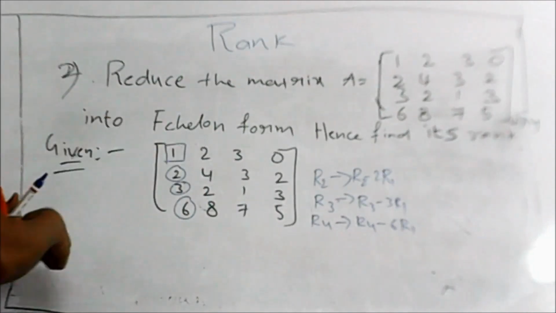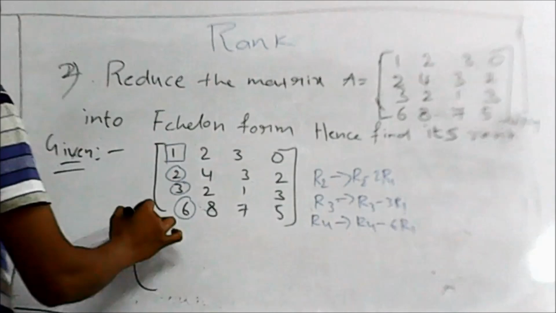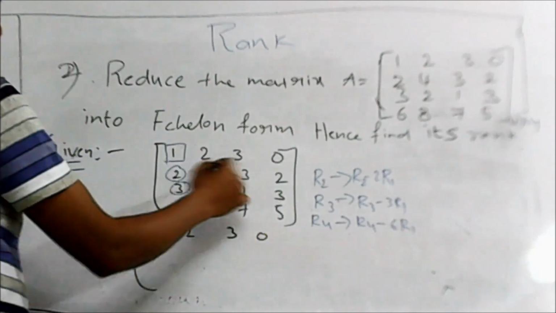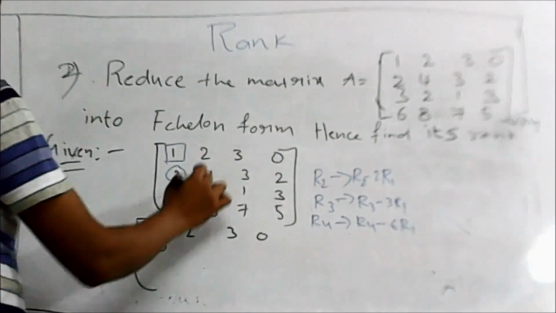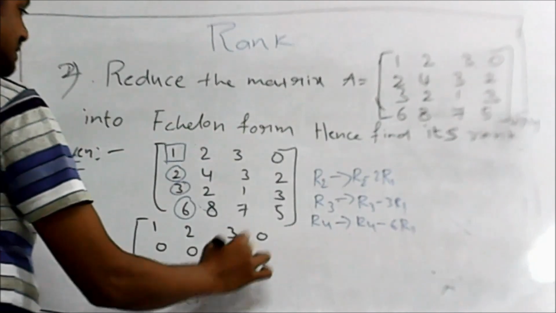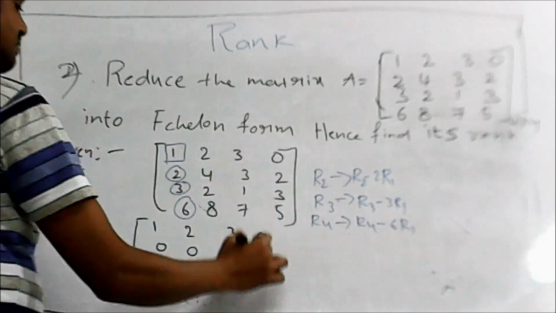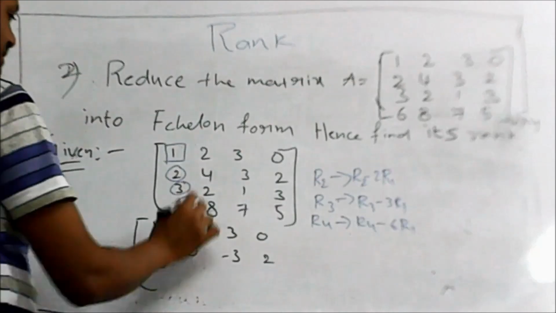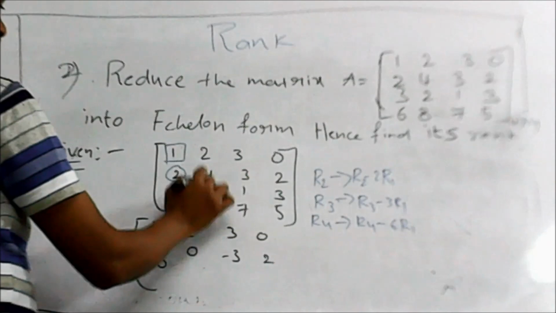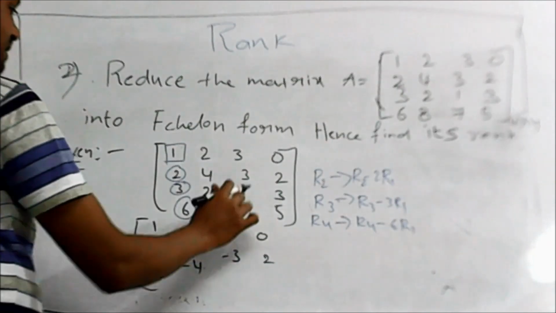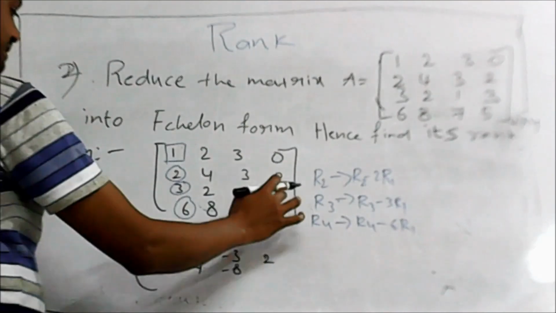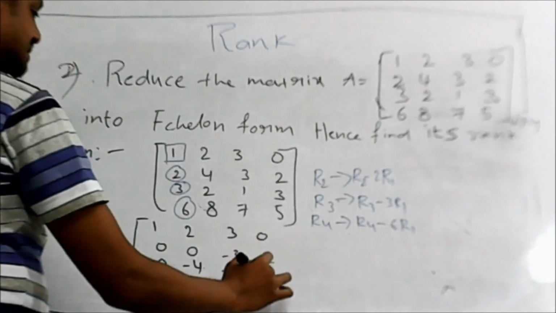After that operation, what about the matrix? The first row is as it is: 1, 2, 3, 0. Second row is R2 minus 2 times R1: 0, 4 minus 4 is 0, 3 minus 6 is minus 3, 2 minus 0, so 2 will become 2. R3 minus 3 R1: 0, 2 minus 6 is minus 4, 1 minus 9 is minus 8, 3 minus 0 means 3.